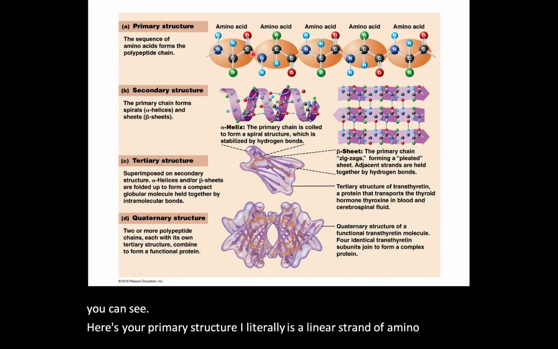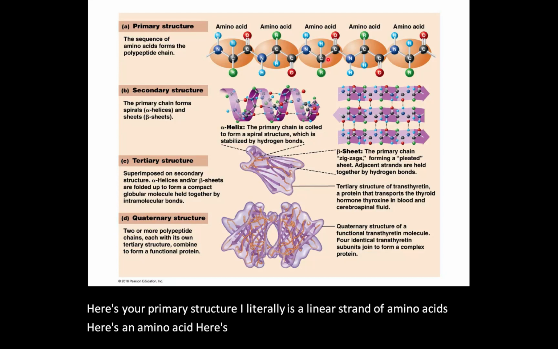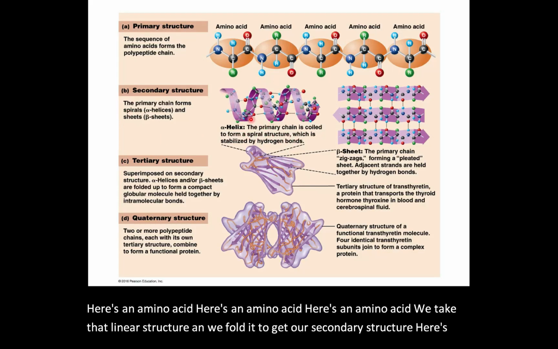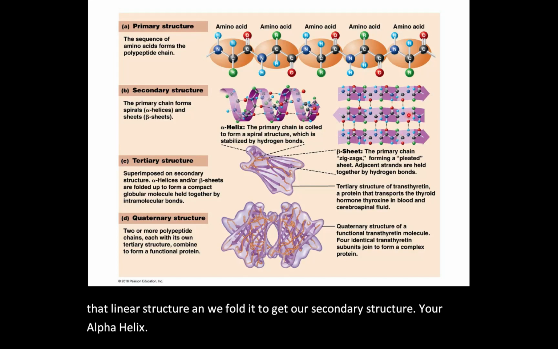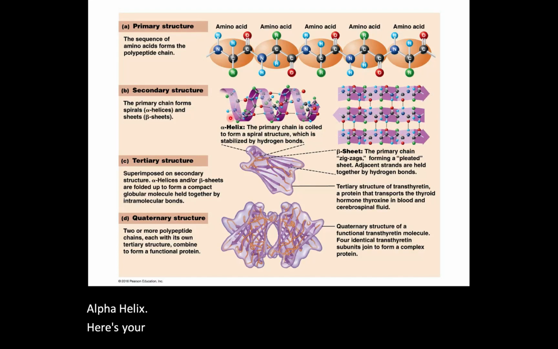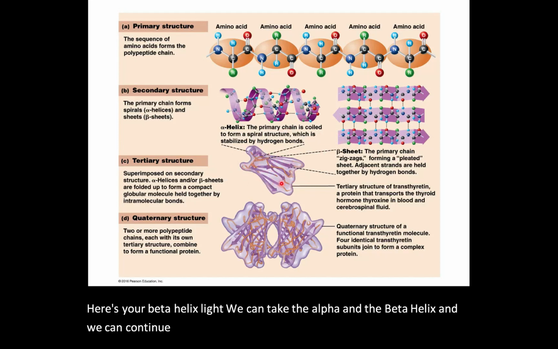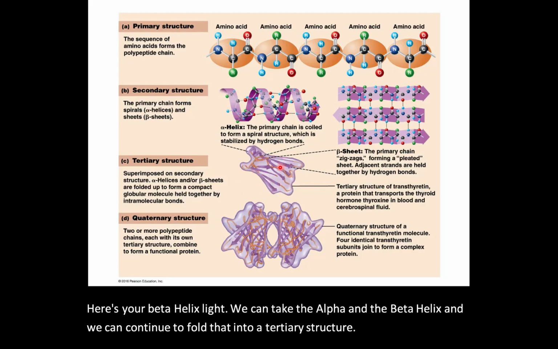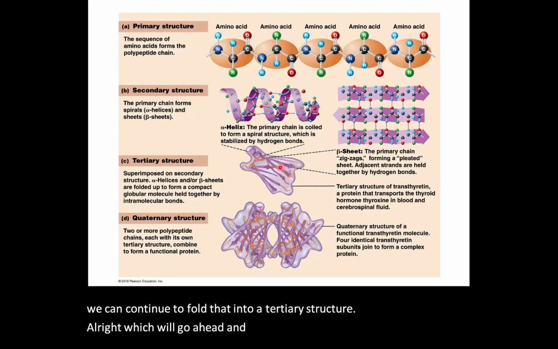Here's an amino acid, here's an amino acid, here's an amino acid. We take that linear structure and we fold it to get our secondary structure. Here's your alpha helix, here's your beta helix. We can take the alpha and the beta helix and continue to fold that into a tertiary structure, which will go ahead and either form a globular protein or a fibrous protein.